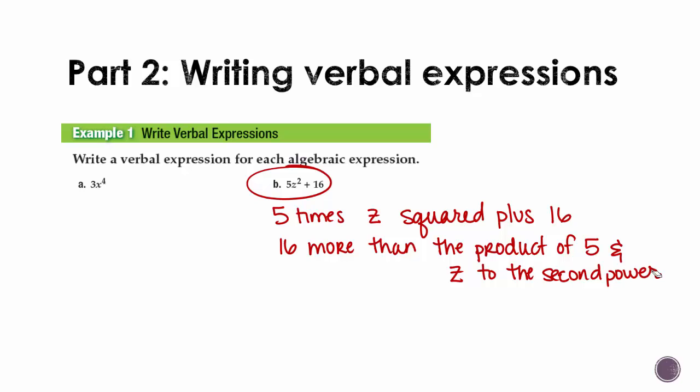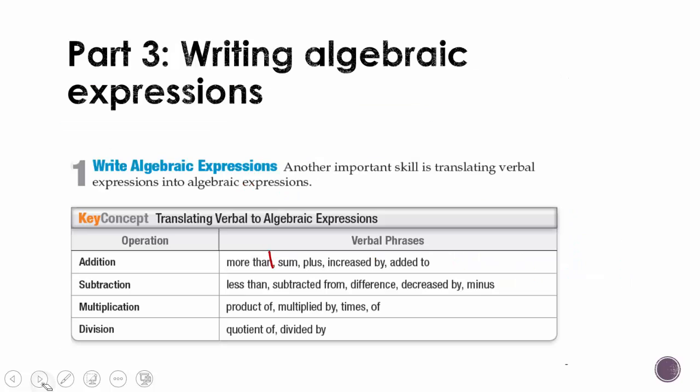And something like this means exactly the same thing as what we just came up with. It just sounds a little more confusing. So that's part of what we're going to do next, is taking words and turning it into math. And this is the one that people tend to struggle with. But if you know these words, you should be good to go.